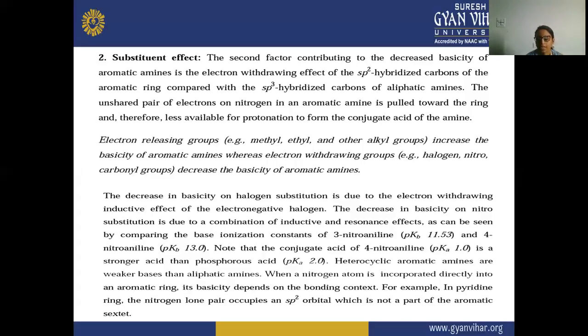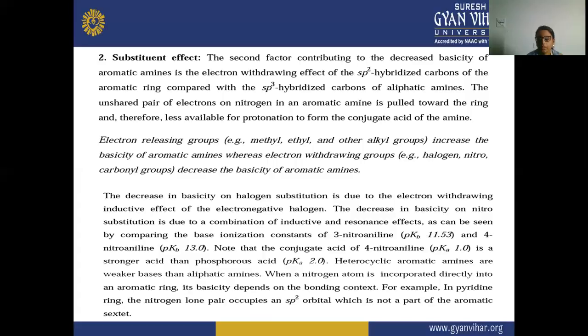The conjugate acid of 4-nitroaniline is a stronger acid than phosphoric acid, and heterocyclic aromatic amines are weaker bases than aliphatic amines. When a nitrogen atom is incorporated directly into an aromatic ring, its basicity depends on the bonding context.